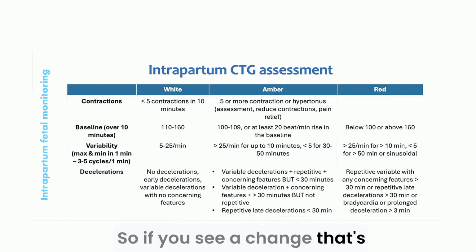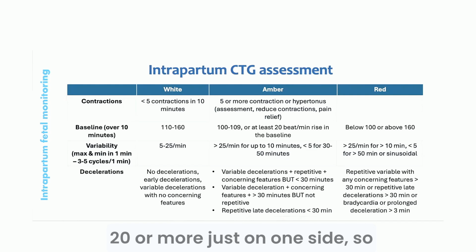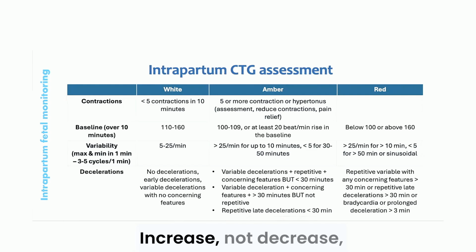So if you see a change that's 20 or more, just on one side, so basically a 20 or more increase, not decrease, in the baseline, this is another sign that we classify as amber. And if that happens in the second stage, actually it is classified as red.